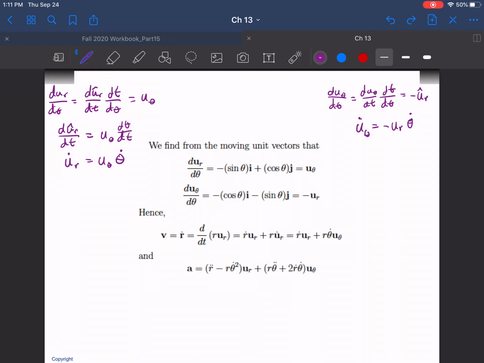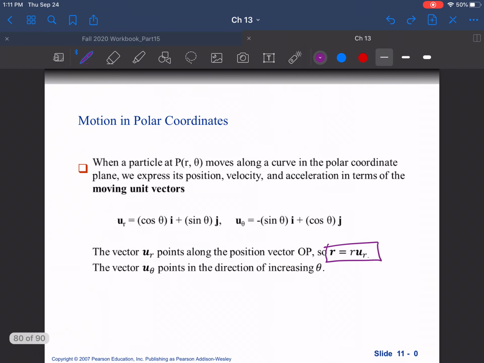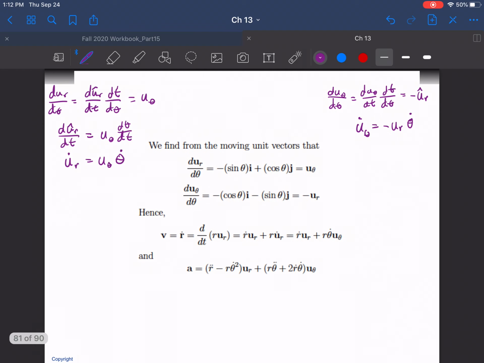All right, so now using that, we can take a look at how we find the velocity vector. So the velocity vector is simply going to be r dot, which is the first time derivative of it. And as we saw on this previous page, we can say r is the length of r in the direction of ur. So r ur. So we make that substitution. So a step in here was d dt of r vector, and then we replaced it with r ur.